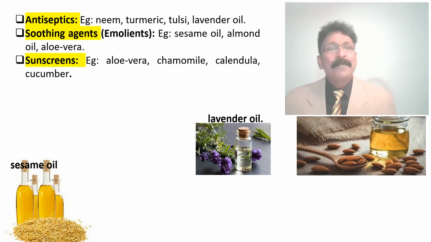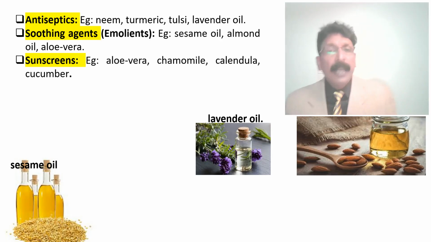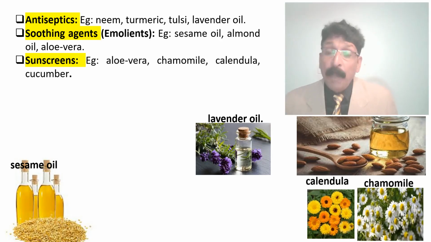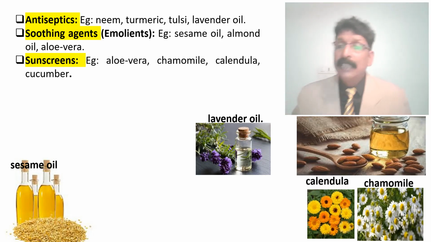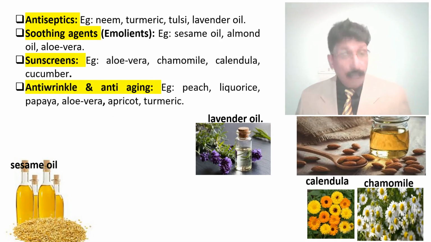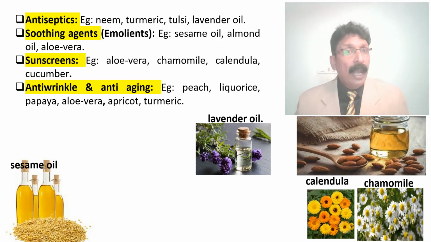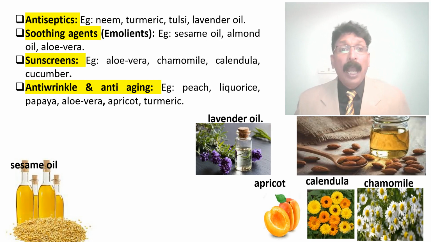Sunscreens. Example, aloe vera is a sunscreen, sun protective, UV light protective. Chamomile, calendula, cucumber. Calendula and chamomile are our garden plants. In our home we will have an indoor garden. Anti-wrinkle and anti-aging. Example: peach, licorice, papaya, aloe vera, apricot.